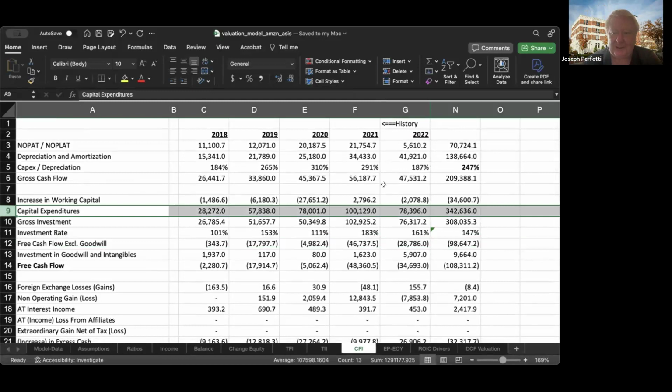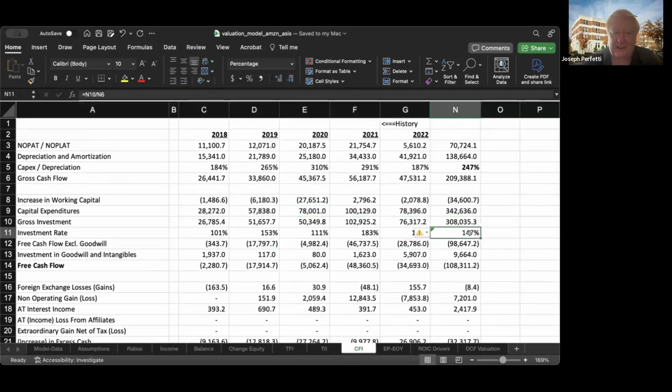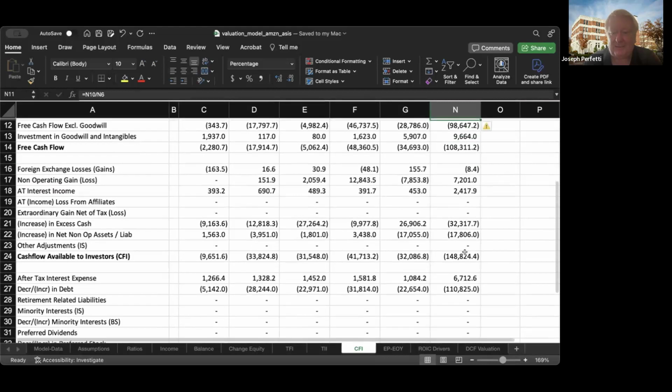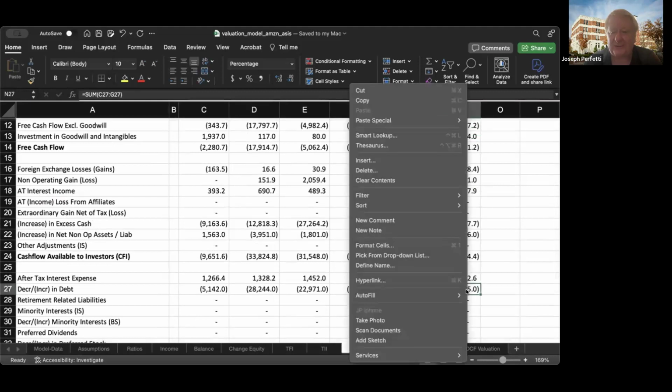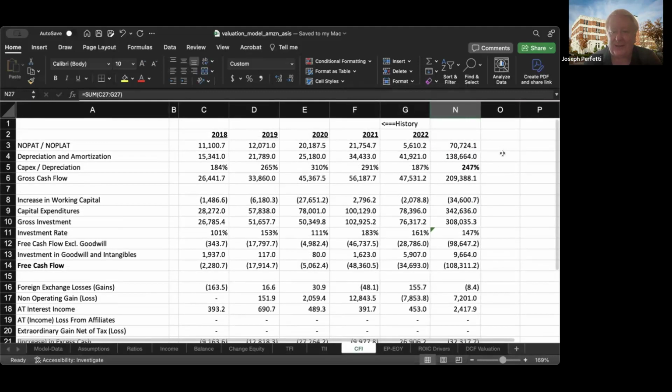They had a very high reinvestment rate. They spent more than they made, so they had to finance it, and they financed it through debt.